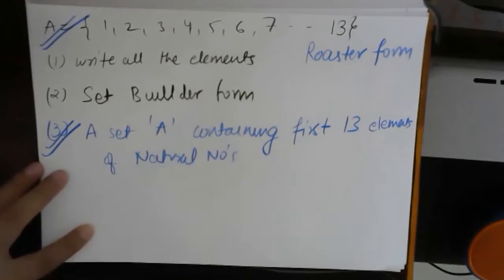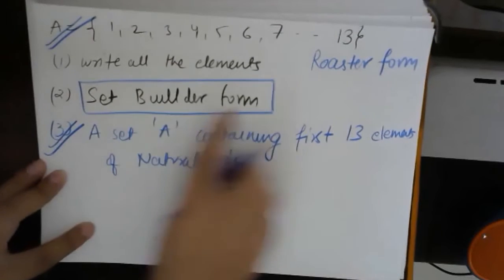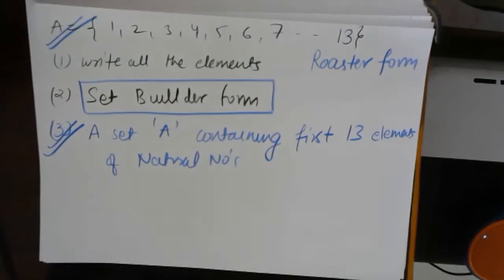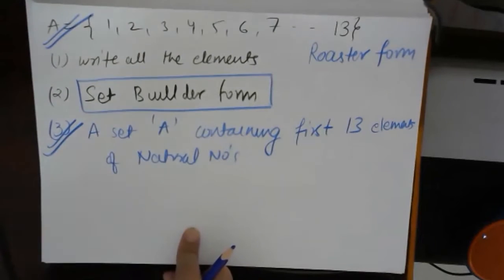What we will try to focus on is this form. Why? Because set builder form is an easy way of representing any set. For example, if I try to write this set in a set builder form.